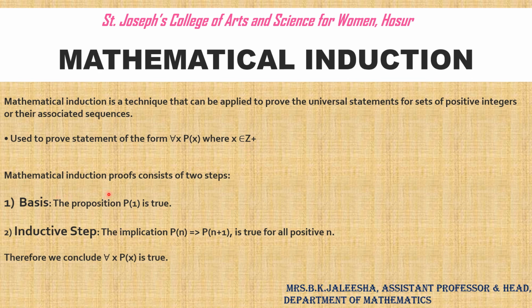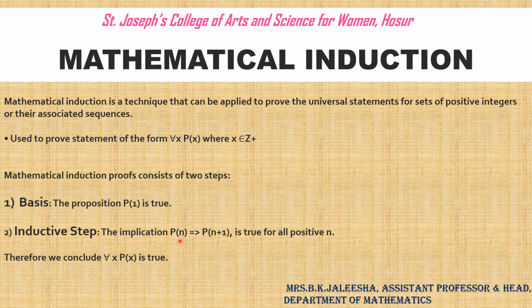Here are the mathematical induction steps we are going to follow to prove that for all x, P of x will be true. The basic step is that the proposition P of 1 is true, which we need to prove. That is, if we substitute the initial value, the starting value of that set, we need to show the given condition is true.